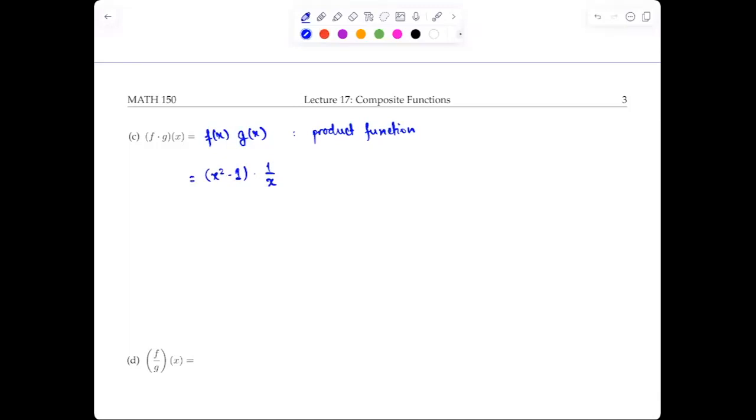You can write it like this, or you can combine these two together and present it a different way: x squared minus 1 over x. So these two are the same. And the domain of the product is again all real numbers except 0.